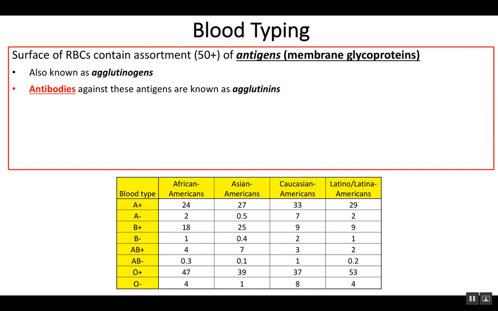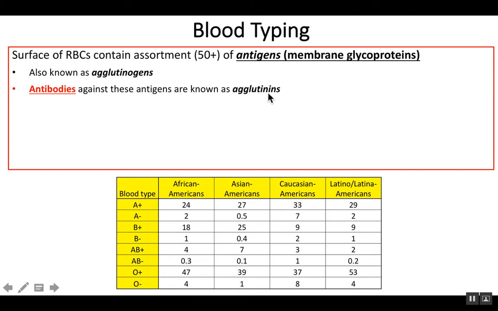When certain foreign entities, antigens, are placed in individuals, that individual's immune system will make antibodies to attack and remove the antigens. Antibodies can be made against these antigens. These antibodies are often known as agglutinins.